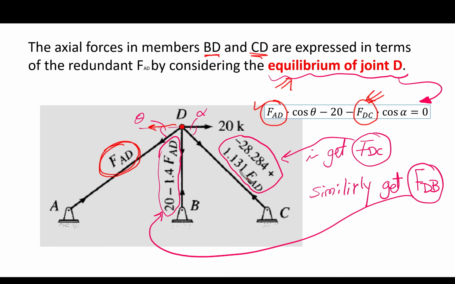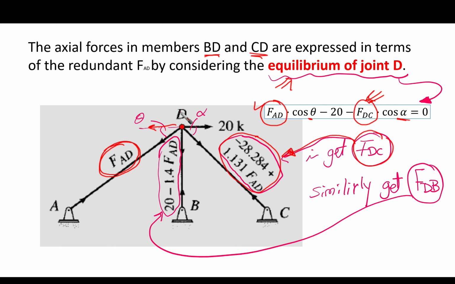So now, if you substitute in the values for cosine theta and cosine alpha, we are going to obtain this value for the FDC, which is minus 28.284 plus 1.131 FAD. Okay, this is FDC from this equation, and we obtain it and put it here.